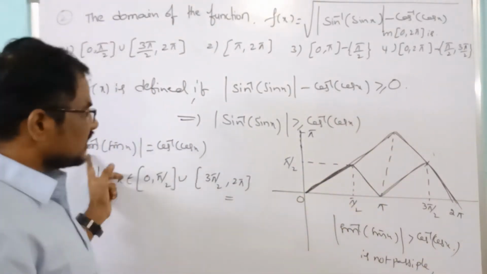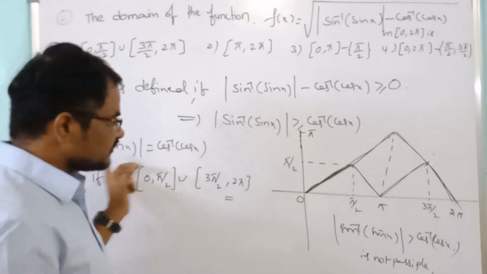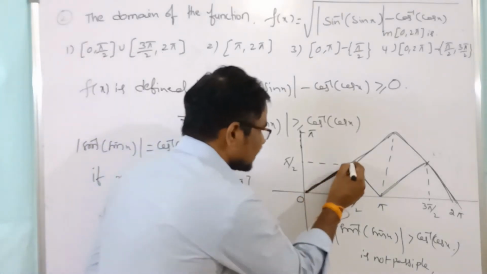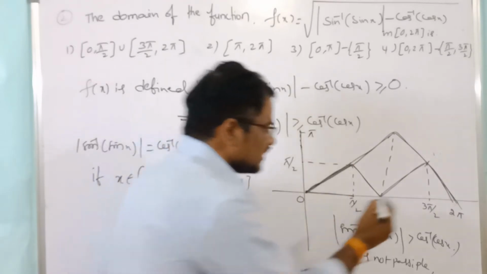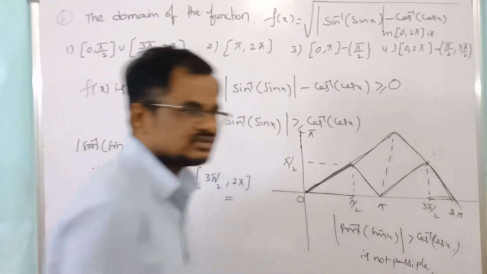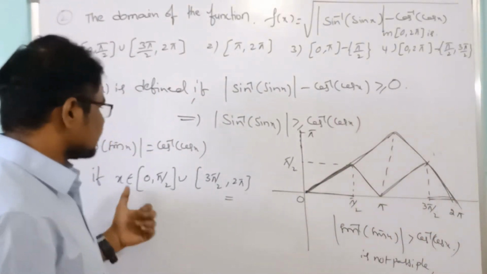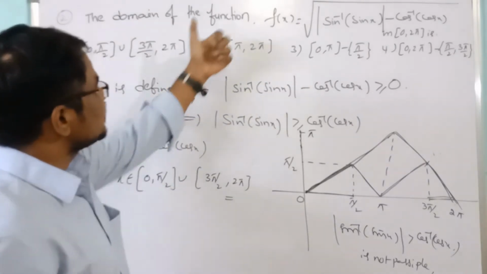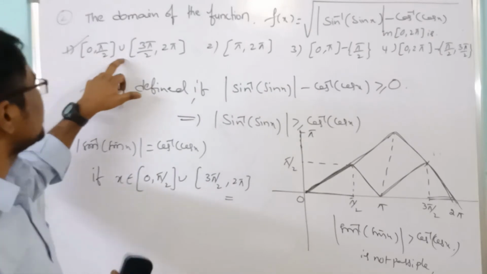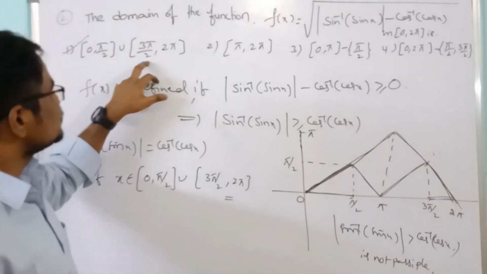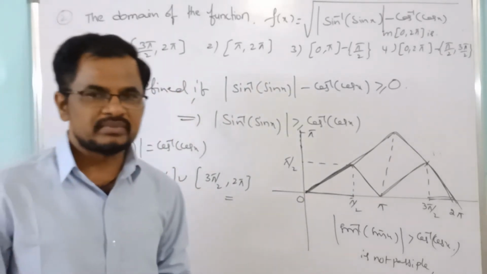But the equality possibility is there. When, from 0 to pi by 2, these two are equal, and from 3 pi by 2 to 2 pi also these two are equal. So our required domain of the given function is, first option, closed interval 0 to pi by 2 union closed interval 3 pi by 2 to 2 pi, right?